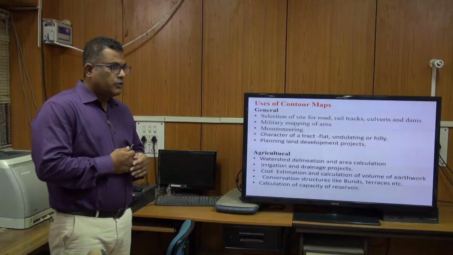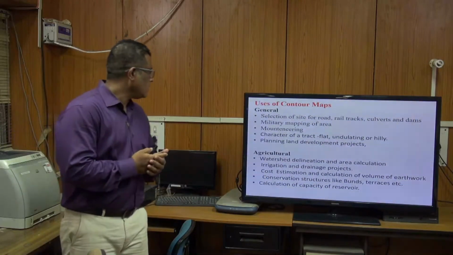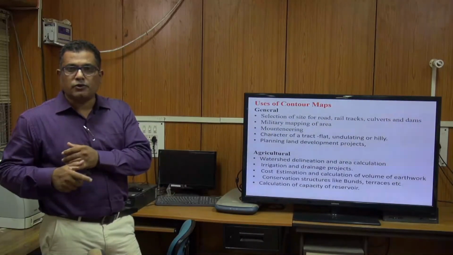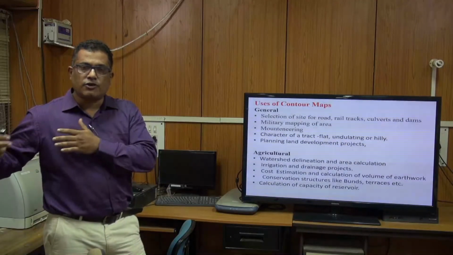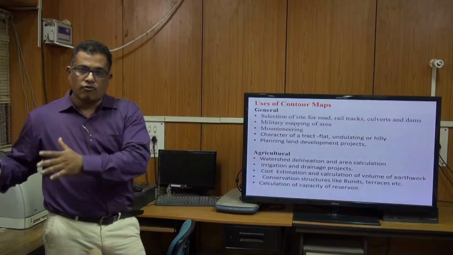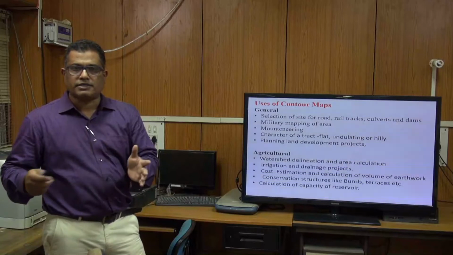Now coming to the uses of contour lines. There are general uses: contour lines are mostly used in civil engineering. Contour is generally an earth science, geological or civil engineering subject, but its uses are wide. It can be used in agriculture, civil engineering, and many other walks of life.